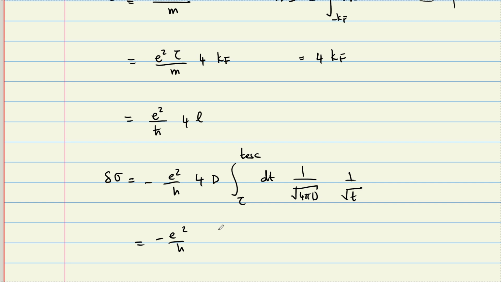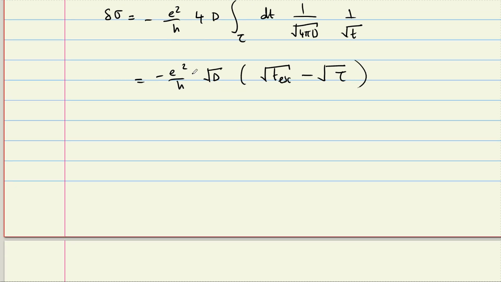Yeah, there are some factors, you don't need to worry about this. Let me write, so there are some numbers, I'm skipping the numbers. It's going to be root t escape minus root tau. And D times t is the length scale, so this is going to be minus e squared over h.